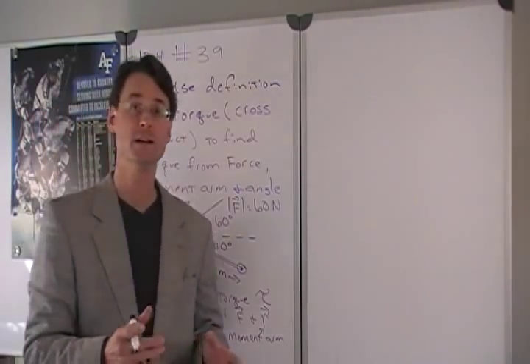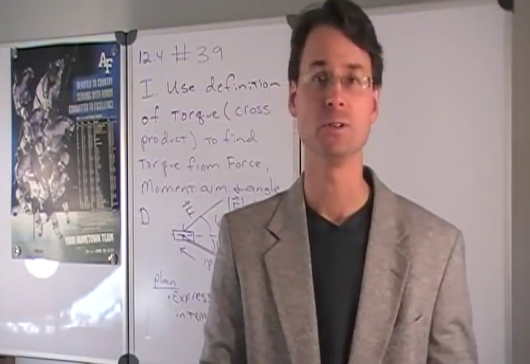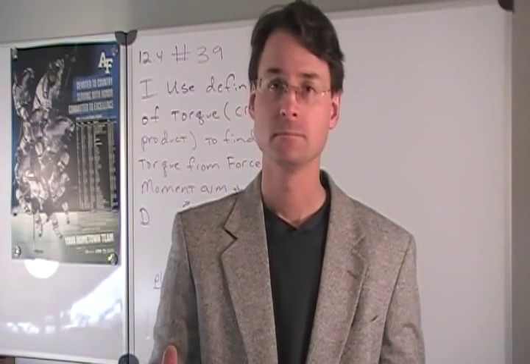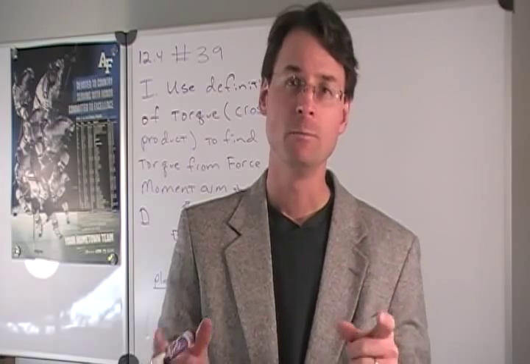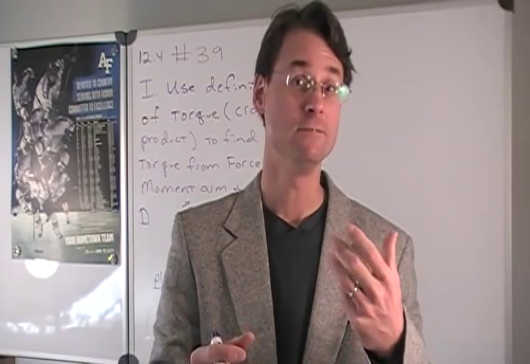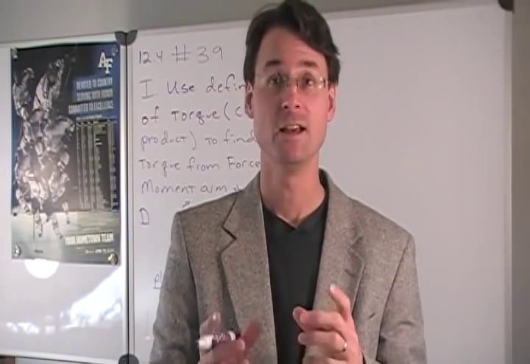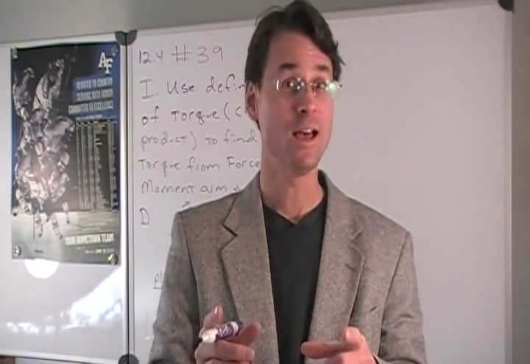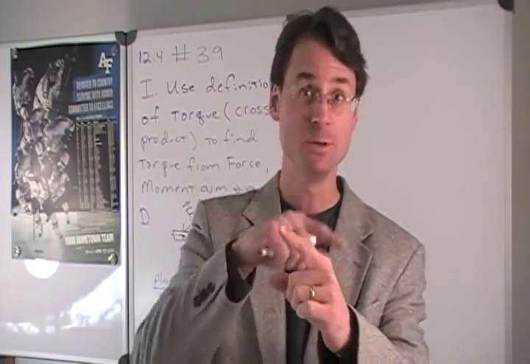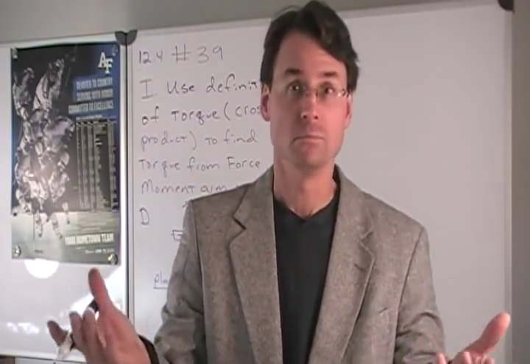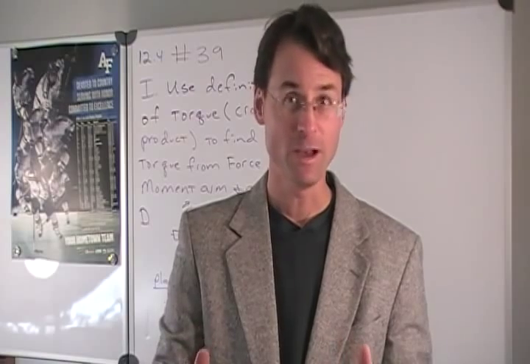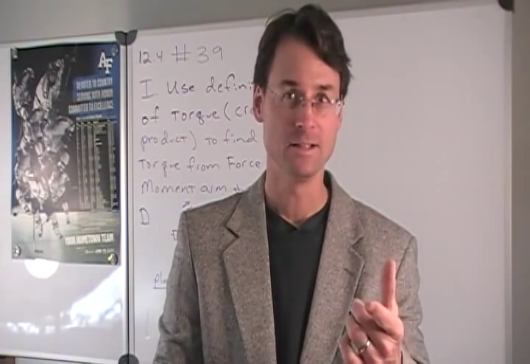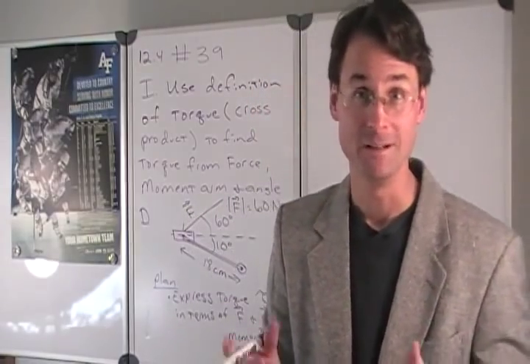This is important because a lot of textbooks define torque as R cross F. And that's not wrong, but we need to keep in mind that the vector R in that context means the moment arm, it's not a radius. Sometimes, if the object happens to be going around in a circle, like a bicycle pedal, it's the radius of that circle, but that's not why it's R. It really does mean moment arm.